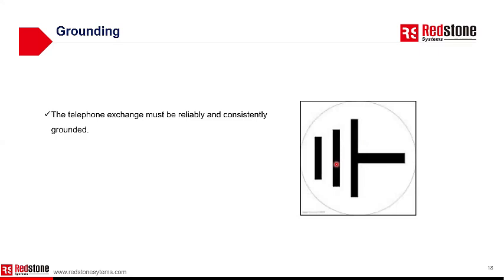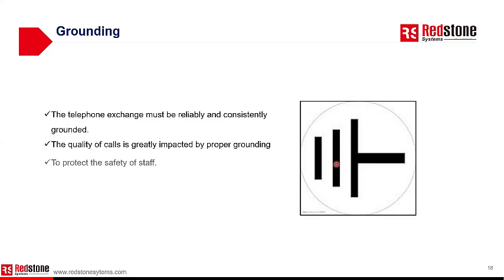With regards to the grounding, the telephone exchange must be reliably and consistently grounded, and we all know that the quality of the calls is greatly impacted by proper grounding. It is also very important that the safety of the staff is our utmost priority.